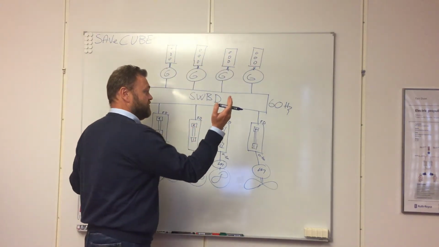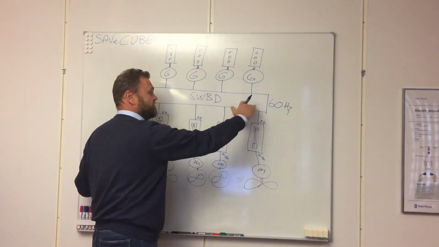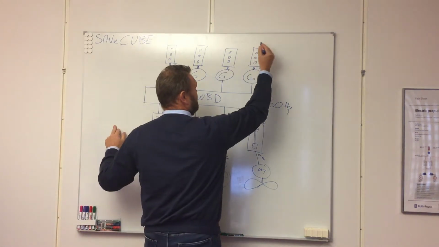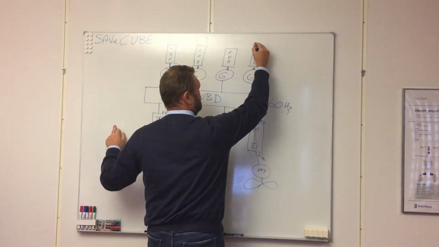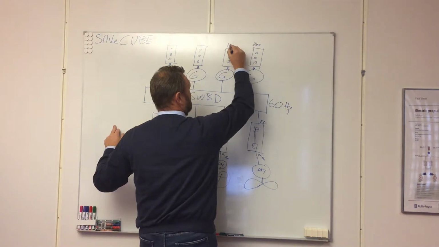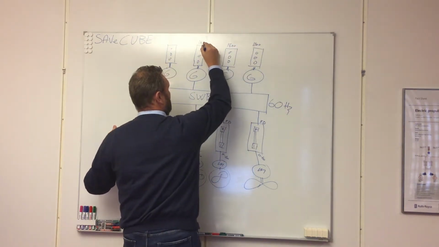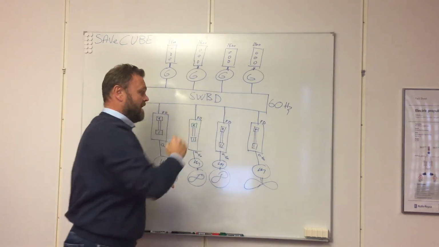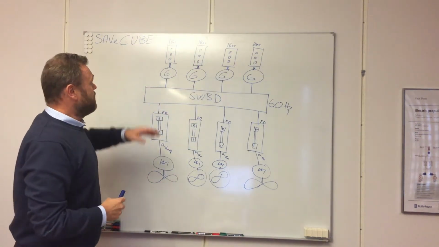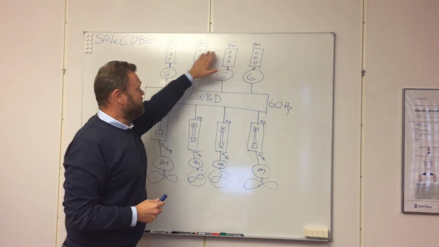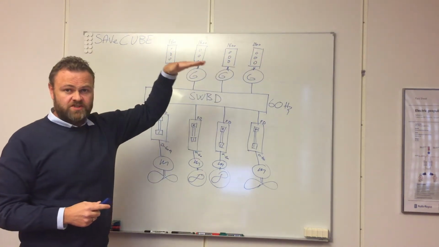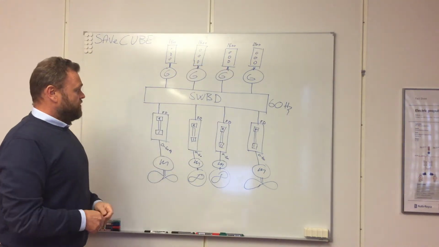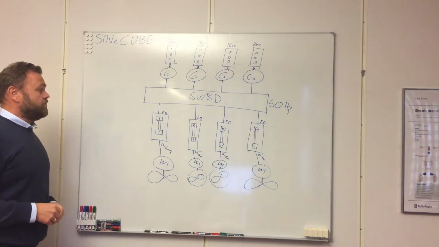So to be able to have 60 Hertz constant on the switchboard, let's say this is a high-speed engine, we need to have stable 1800 RPM for a high-speed engine on all the engines. So they need to be stable, running at constant, fixed speed throughout when they are in duty.